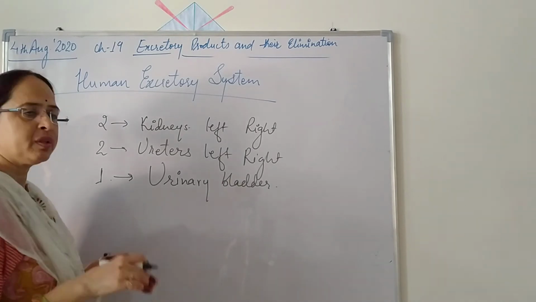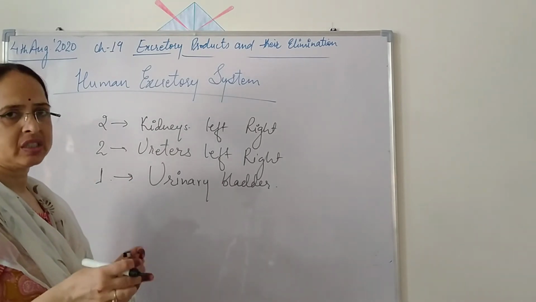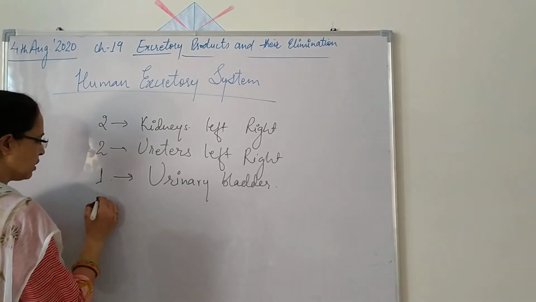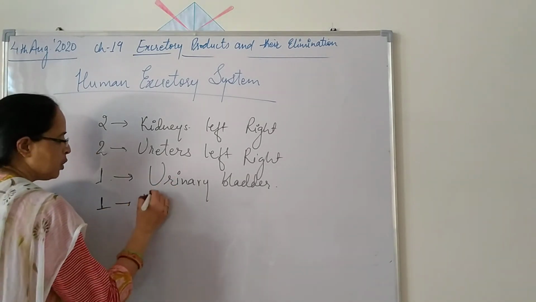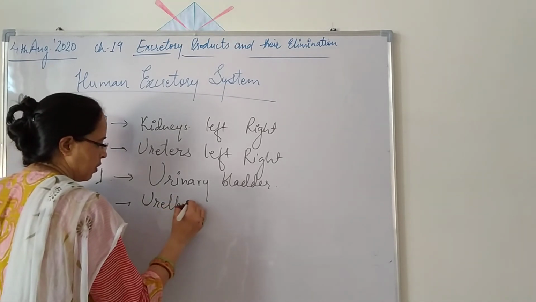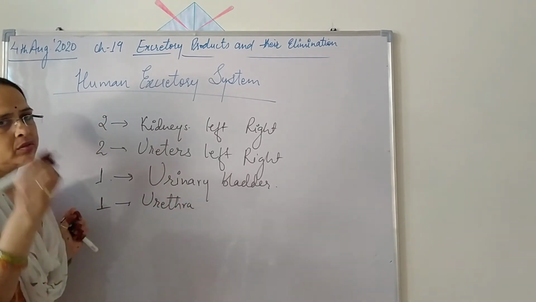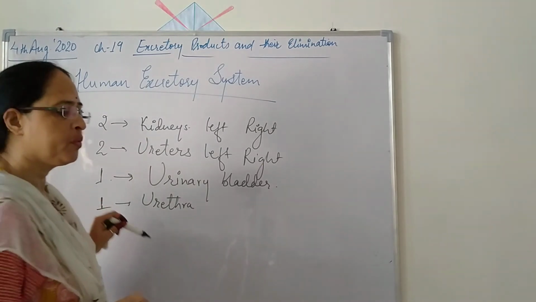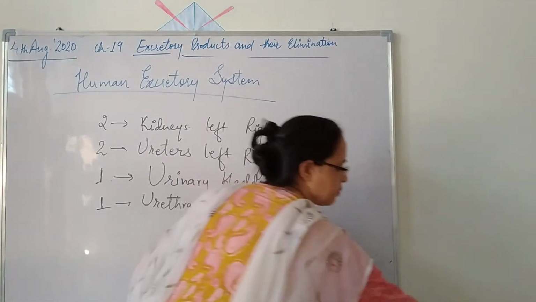For some time the nitrogenous waste, or urine, is stored, and then the urinary bladder has an opening called the urethra, through which the urine is released. Now let's discuss the diagram of the excretory system.